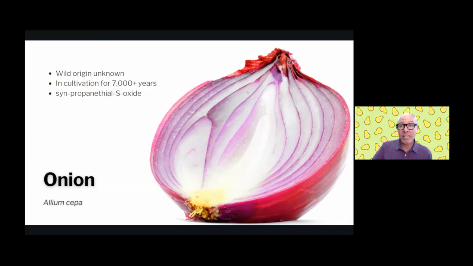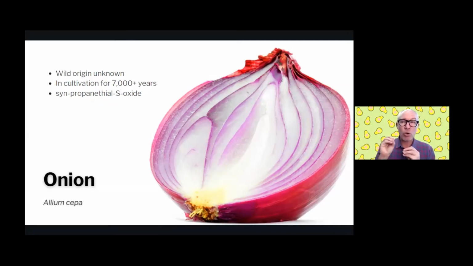We love our onions and we love cooking them, and some people actually love to eat the raw onion. They like the effect that they get from this defensive poison being thrown at their eyes, trying to get them to stop. Onions, there are hundreds of species of wild onion.